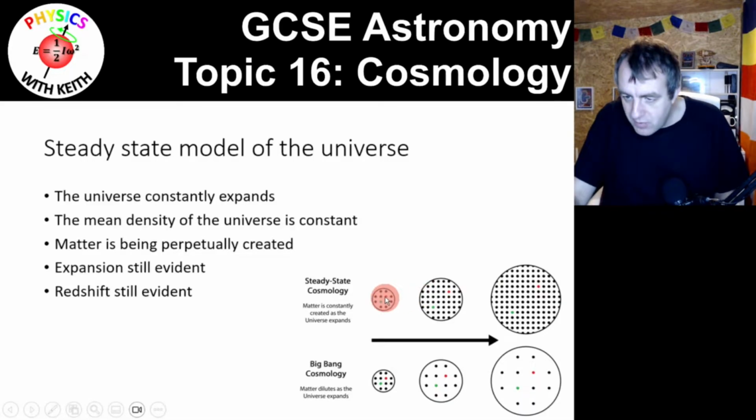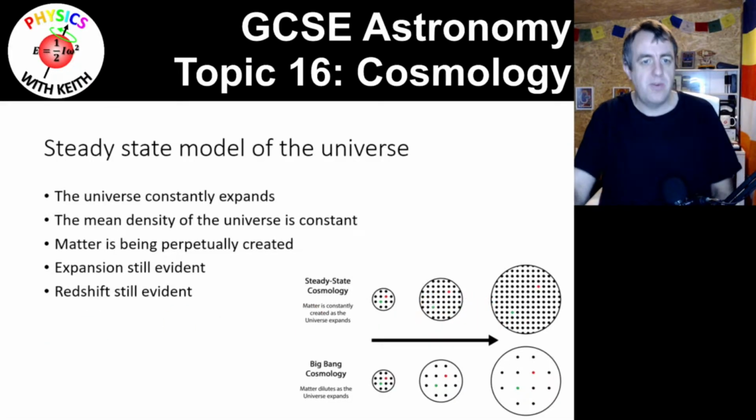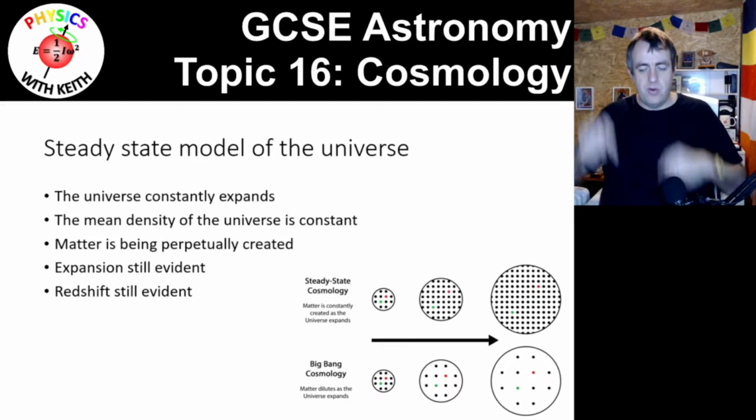I'll move the cursor over the red dot here, then there, then there, and I'll do it over the green dot here, then there, then there. So hopefully you can track what would be happening.